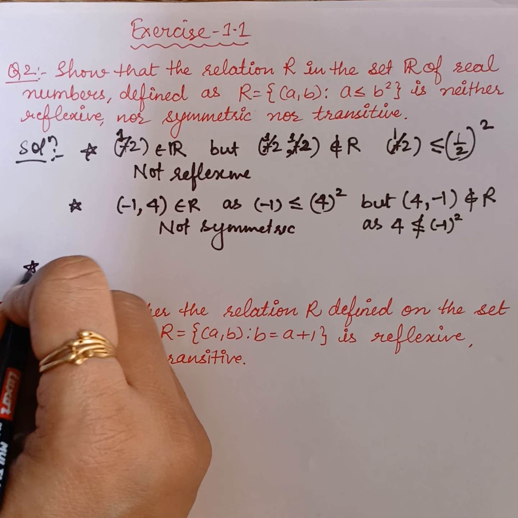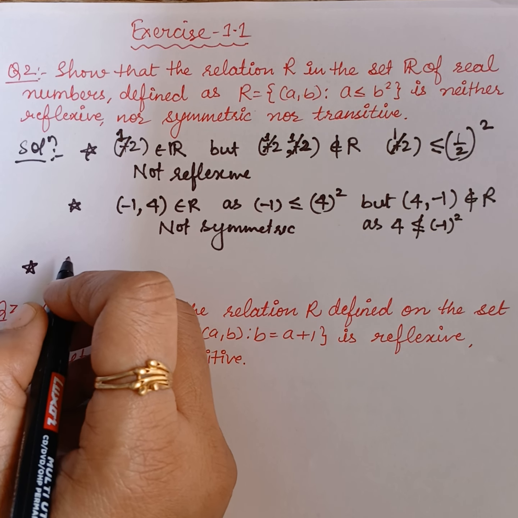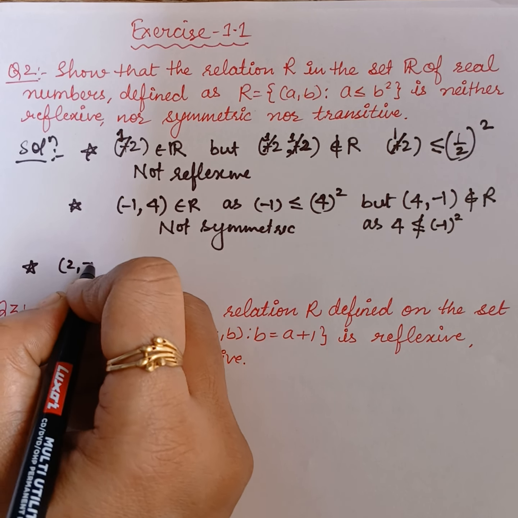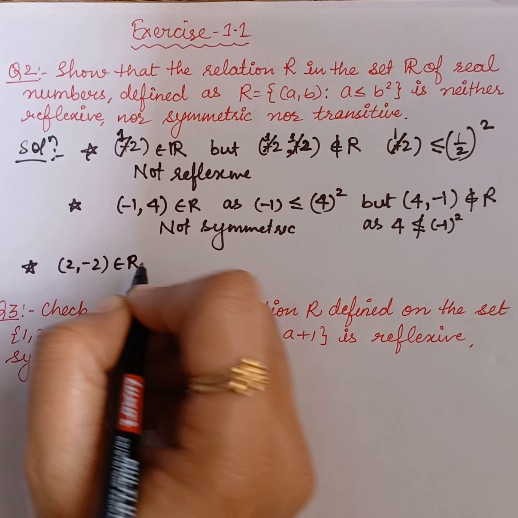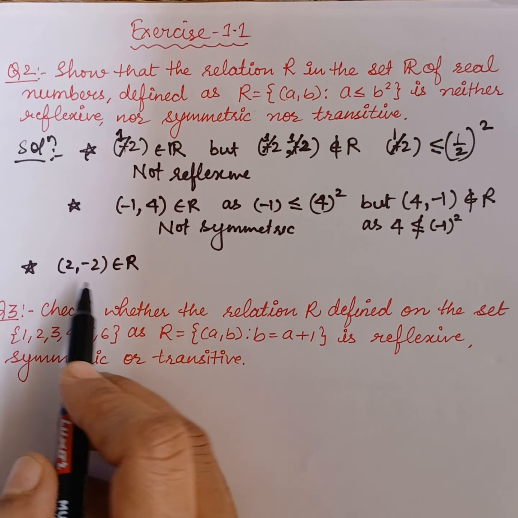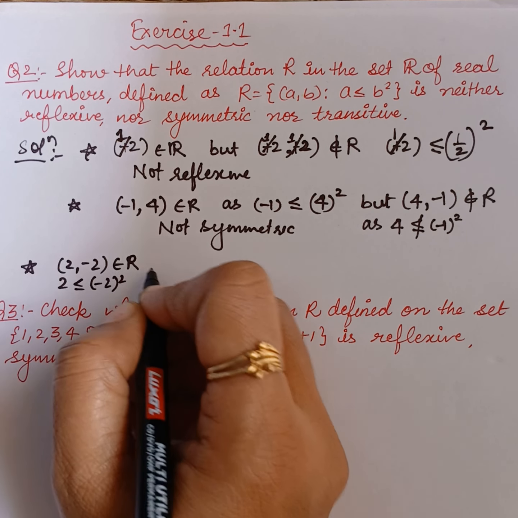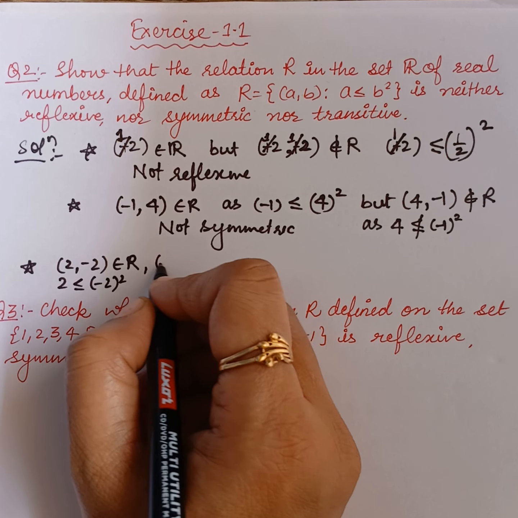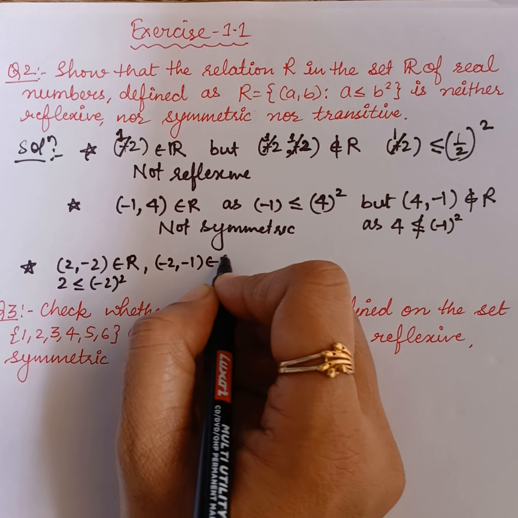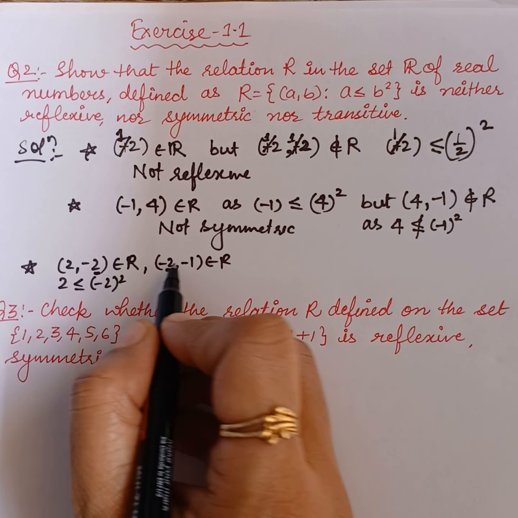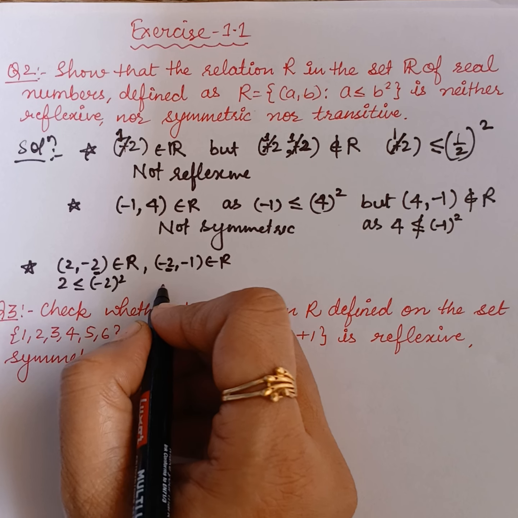We need to think a lot in this to find the examples. So let us do it. Like (2, -2) belongs to R. Why is it belonging to R? Because 2 is less than or equal to (-2)². Also (-2, -1) belongs to R. Keep in mind that this element should be the same, so (a, b) and (b, c) belong to R. Why is it belonging to R?